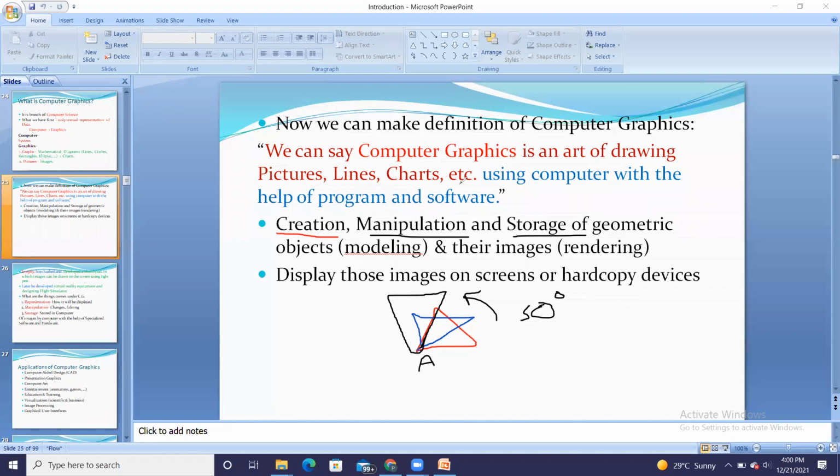So computer graphics is the combination of modeling plus rendering. In CG, we have to create the object, manipulate it, and store it, and all these processes come under modeling and rendering. So in short, CG is modeling plus rendering.